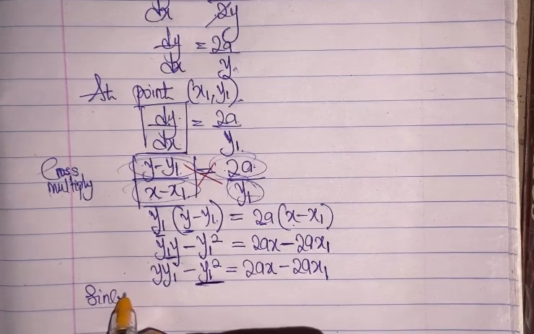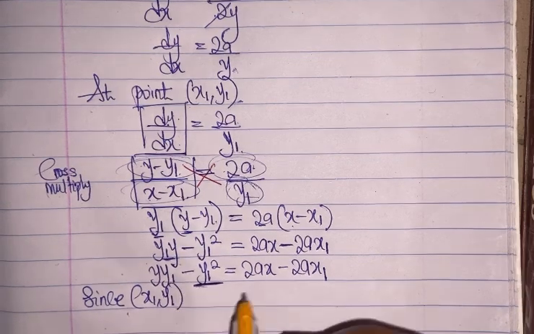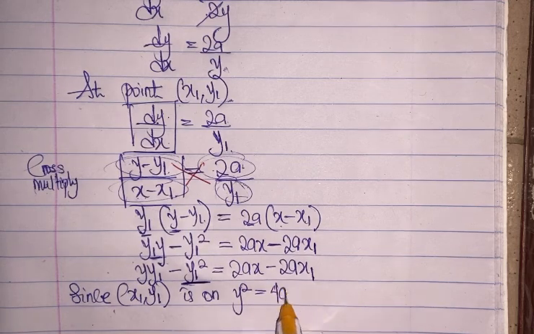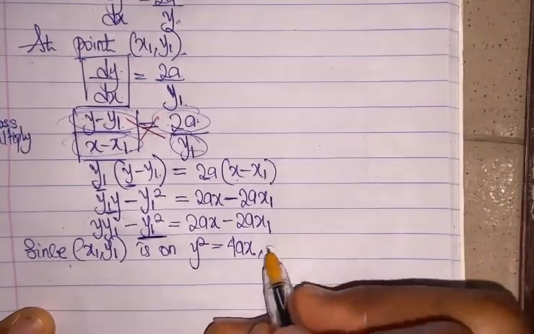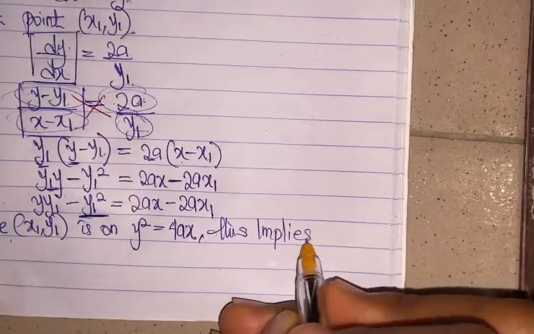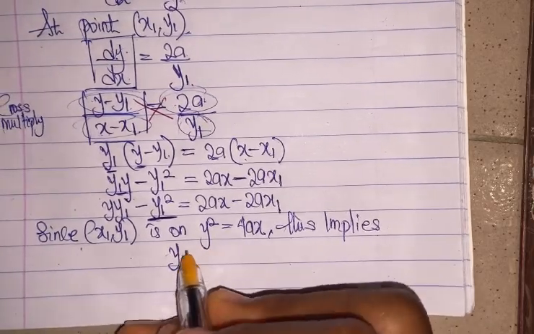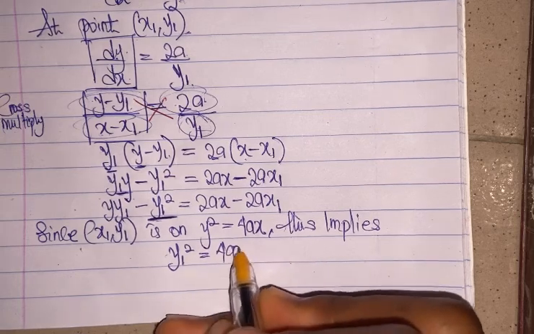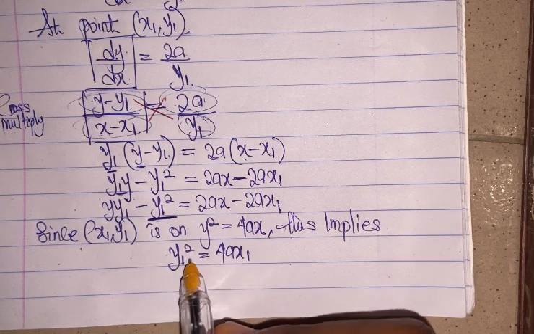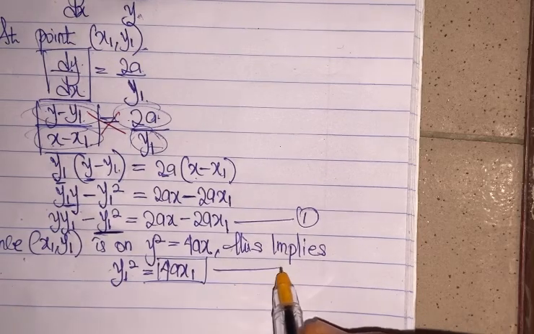Since x1, y1 is on y squared equals 4ax, this implies that y1 squared equals 4ax1, right? Now this y1 squared can represent this whole expression. Let's call this equation 1 and this equation 2.